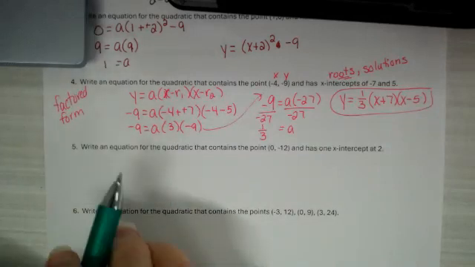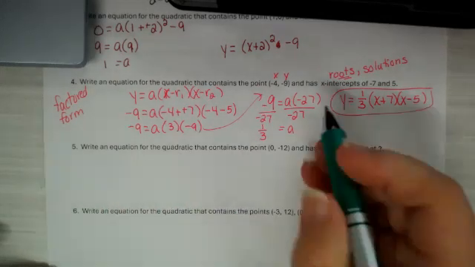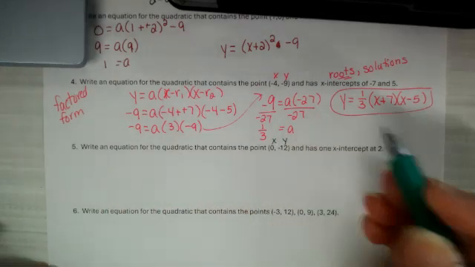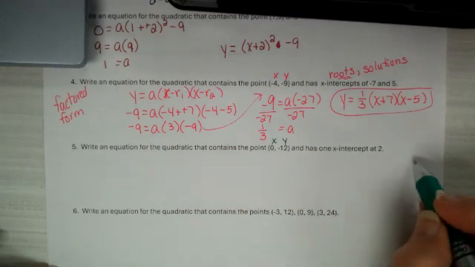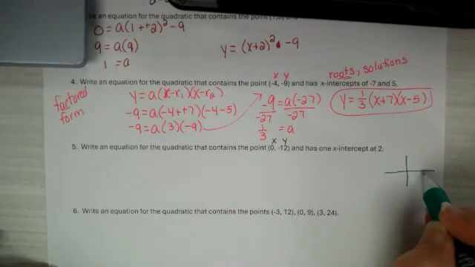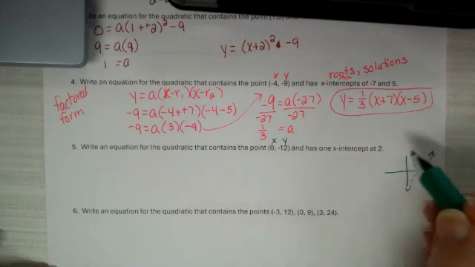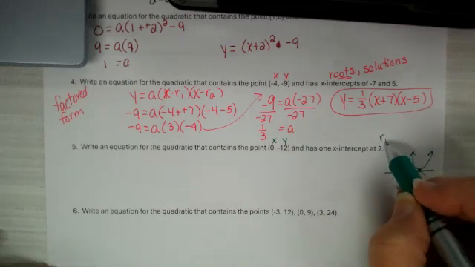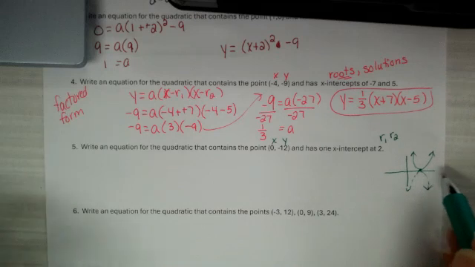Okay. Number 5, similar question. We have a point, x, y, but we only have one intercept. So when you only have one x-intercept, that means that your graph is either this or this. But I only have the one. So 2 is going to count as root 1 and root 2 because there's only one. It's the same thing.